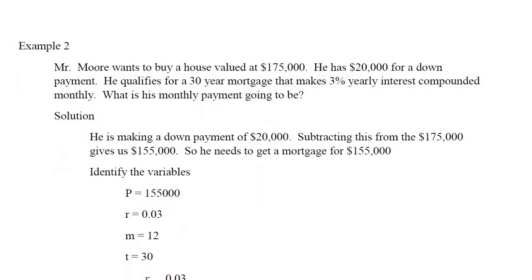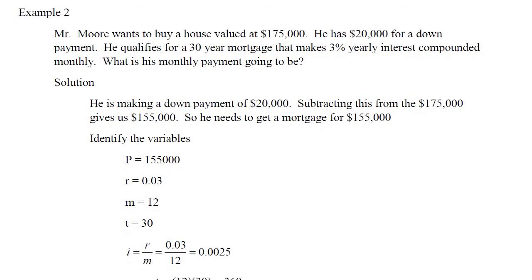Second example here. Let's say that Mr. Moore wants to buy a house valued at $175,000. He's going to be making a $20,000 down payment, and he qualifies for a mortgage that makes 3% yearly interest compounded monthly.